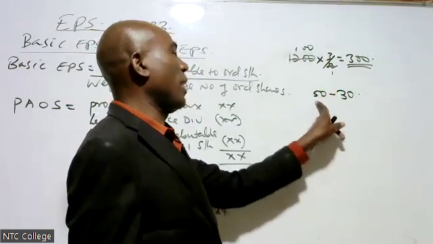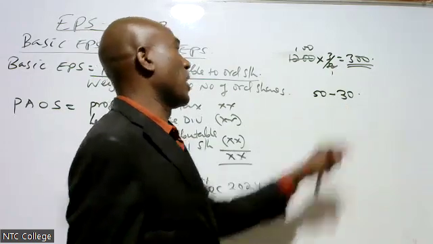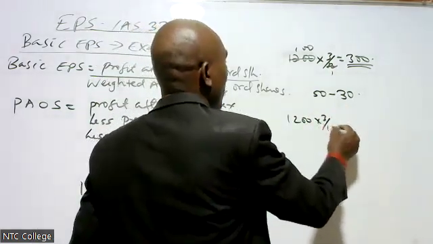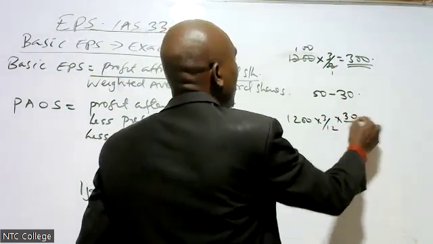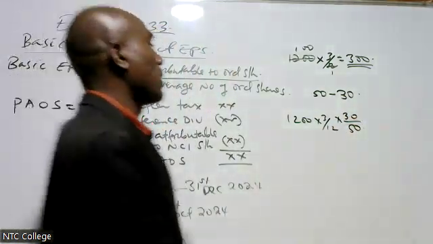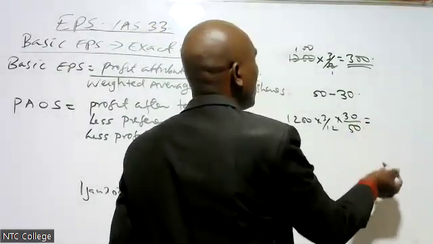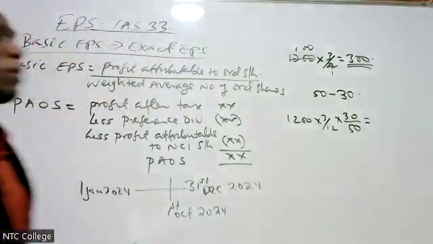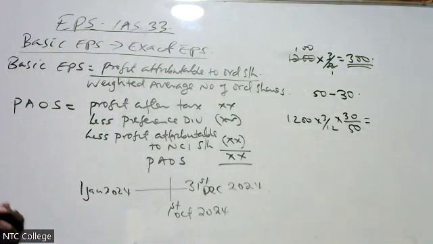Out of 50 per share, you only paid 30 per share. Therefore, I will take 1,200 times 3 over 12 times 30 over 50. I will not give you the full amount. Therefore, we get the shares that are going to participate for EPS or for dividend.